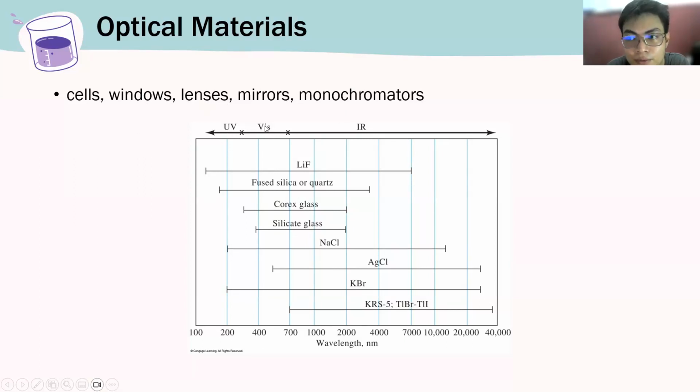If you want to use UV-vis, it has to be a material that fits there. Only those are okay in UV-vis; the others are not okay in the UV. If you want IR, you won't use these, rather you use KBr, which is okay in a very long range. Silver chloride also works well in the IR range. So the selection of materials is very crucial in creating a spectrophotometer.